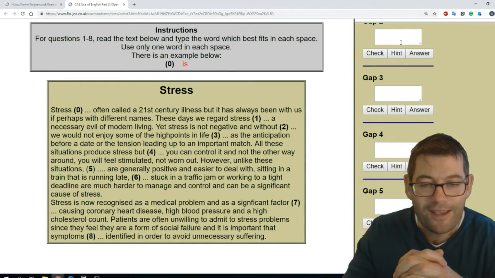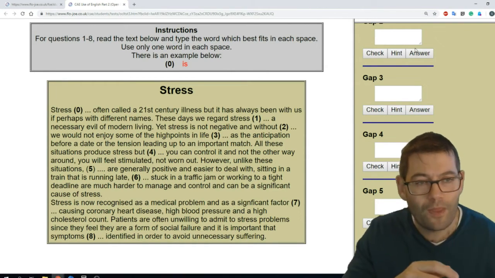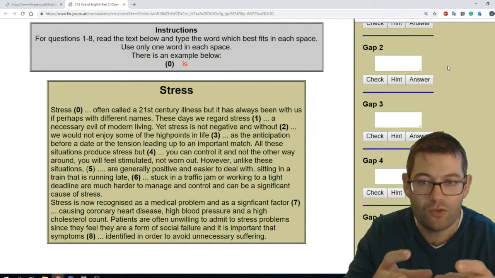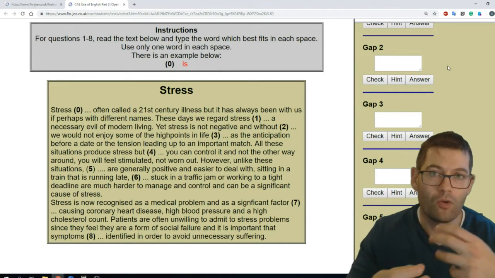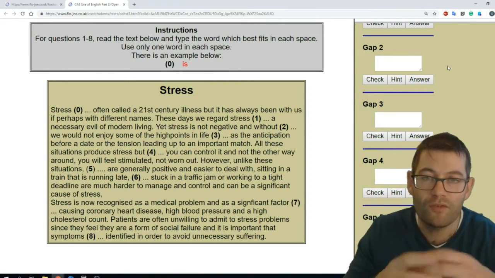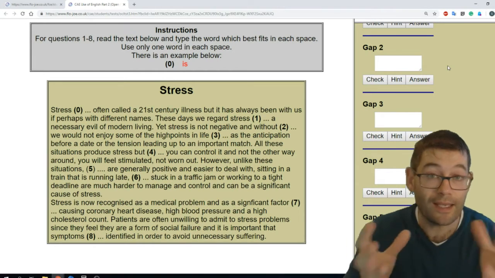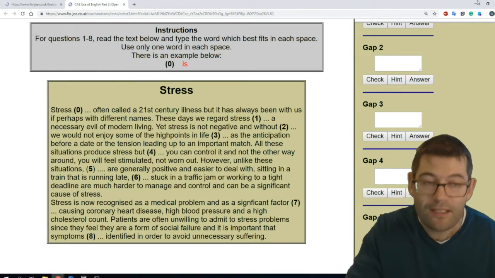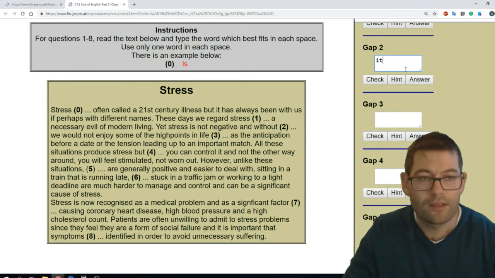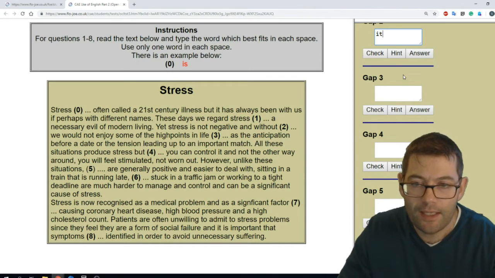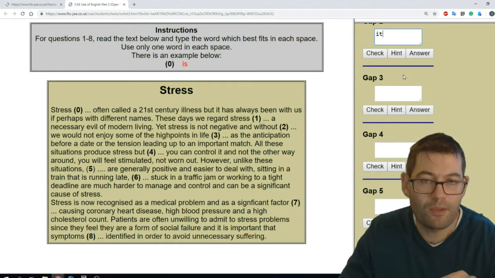Different question, different video. What we need here is a form of substitution. In other words, we need to refer to stress by not calling it stress. So how can we do that? Well, we can refer to stress by calling it it. Yet stress is not negative, and without it, in other words, without stress, we would not enjoy some of the high points in life.